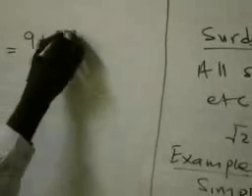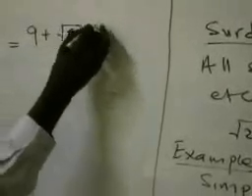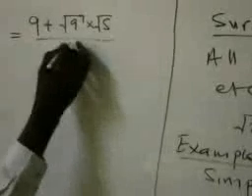The solution to this, we shall say this is 9 plus this root of 45. We want to simplify the root of 45. 45 is the same as 9 times 5, over 3. So now, when you are multiplying these two numbers under the root, you can split them by saying that this is the same as 9 plus root of 9 times root of 5, over 3.